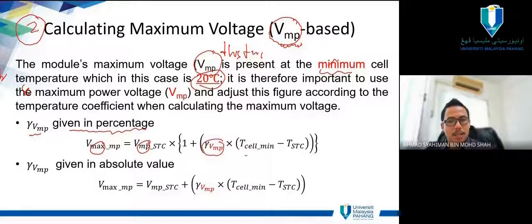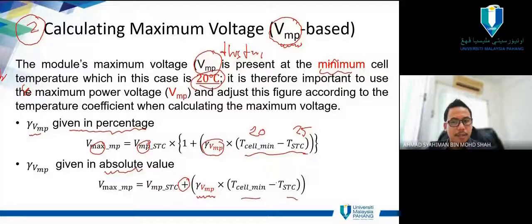Okay, and then T cell minimum also remains the same, 20, and TSTC is 25. While for the case of absolute value, sama juga, plus, dan ini adalah gamma untuk VMP, T cell minus TSTC, still the same, 20 minus 25.